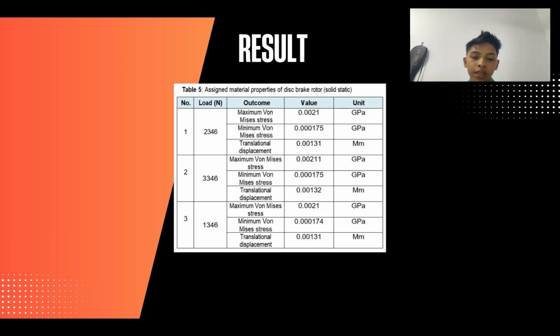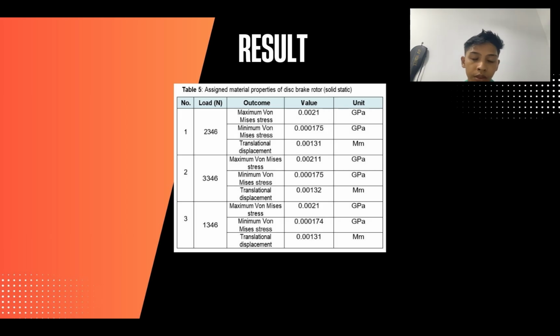Second load is 3346, for maximum von Mises stress 0.00211 gigapascal. For minimum von Mises stress 0.000175 gigapascal, and last for translational displacement 0.00132 millimeter. Last for load 1346, maximum von Mises stress 0.0021 gigapascal.